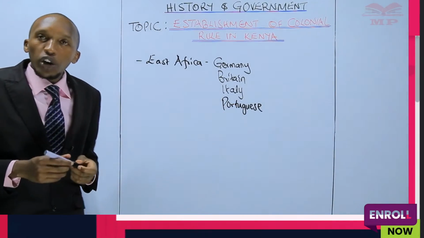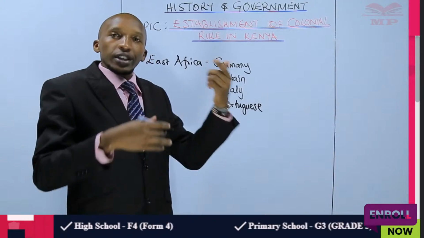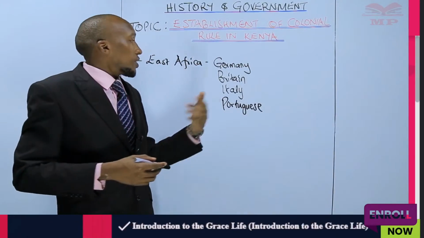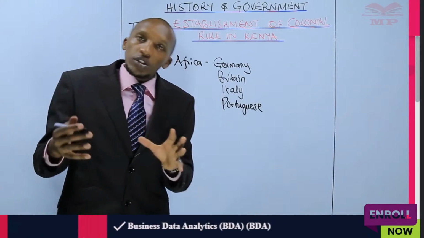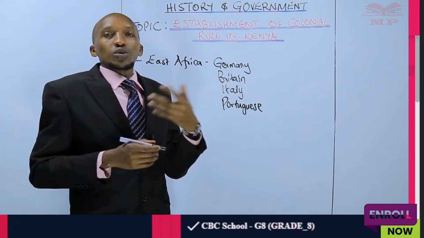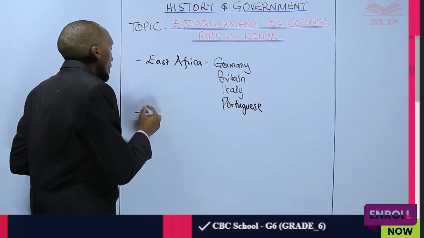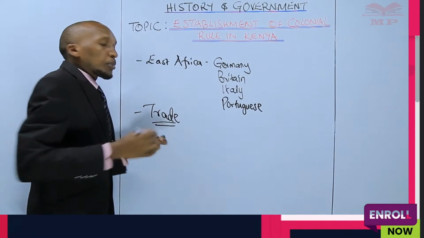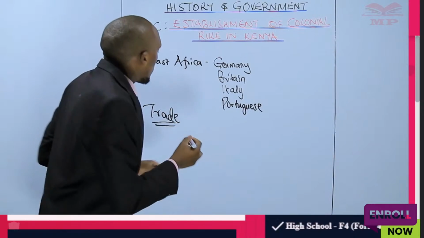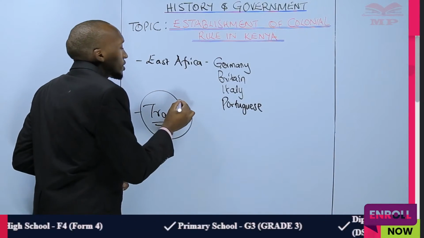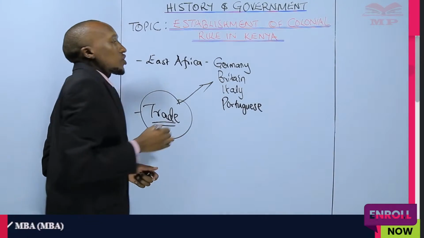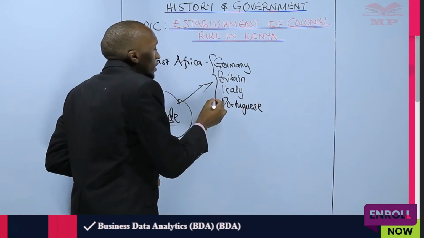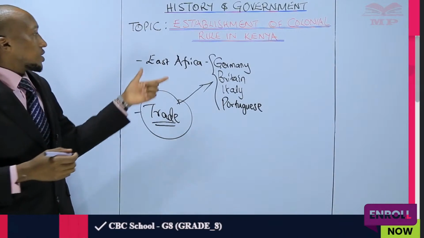Remember in your Form 1 work, the contacts between East Africa and the outside world. So East Africa had been exposed to the outside world through trade. That was the main thing that exposed the East African coast to these powers. So the trade attracted these powers to come and get colonies in East Africa.